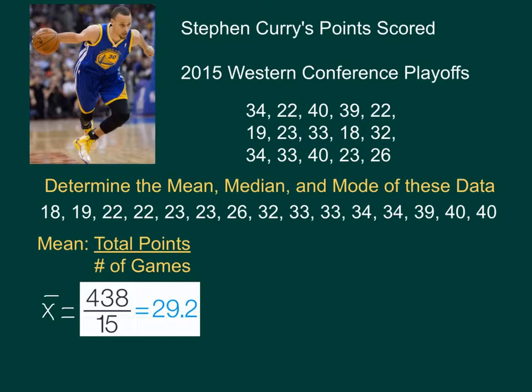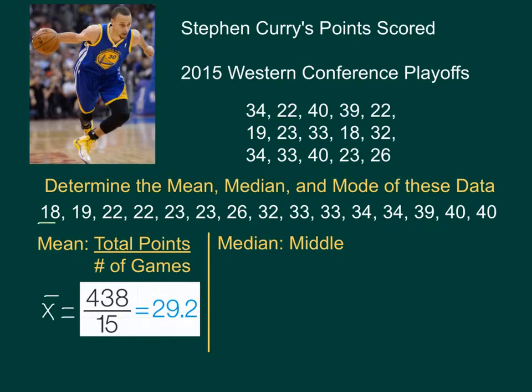All right, let's next take a look at median. The median, which is the middle number of the data set written in numerical order, is pretty easy to find here because we have 15 data points, which is an odd number, so we're just going to search for the middle number. So from left and right, we're both going to come in the same number of times.